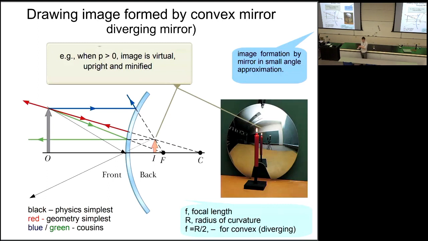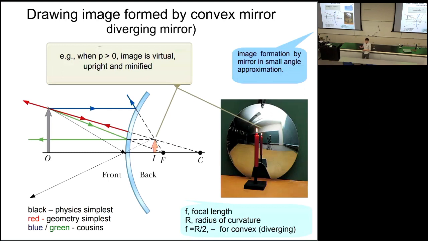Now, the focal point in our construction here, compared to the focal point in our construction for the concave mirror, is we're going to use it on the other side of the mirror. Remember I said that the focal point, focal length and radius of curvature are positive for the concave mirror. They're negative for the convex mirror, meaning that we're going to place them in front or behind the mirror in our constructions, depending on whether we got a concave or a convex mirror.